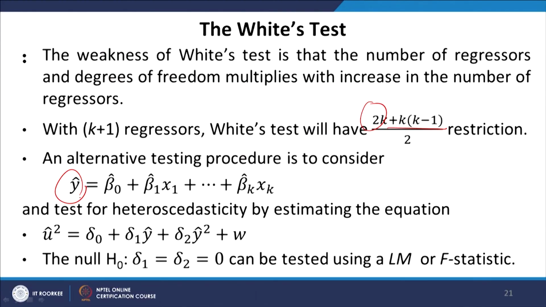We obtain y hat as the estimated values from a regression of y on x1 to xk, and test for heteroscedasticity by estimating the equation where u hat square is a function of y hat, which actually includes all the independent variables, and then y hat square plus an error term. Here the null is delta 1 equals delta 2 equals 0, and this can also be tested using an LM or F test statistic.